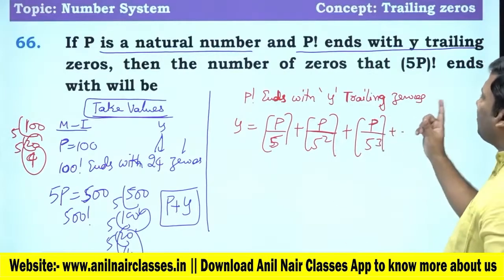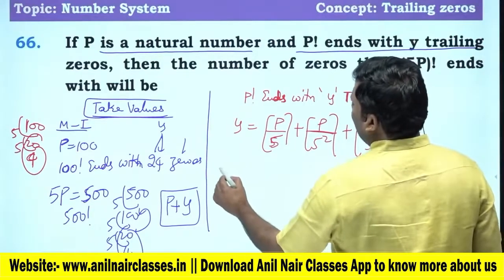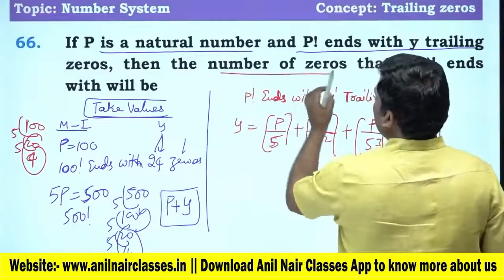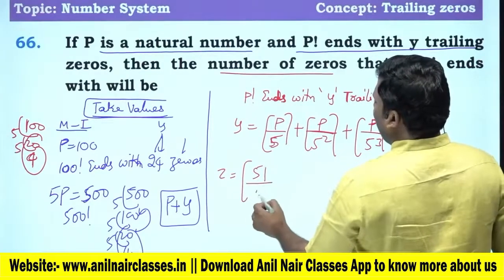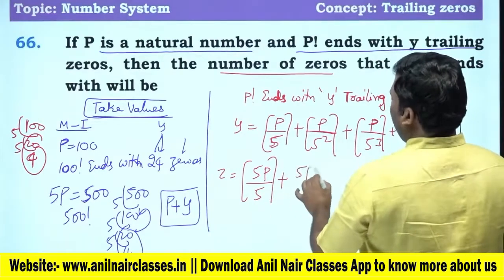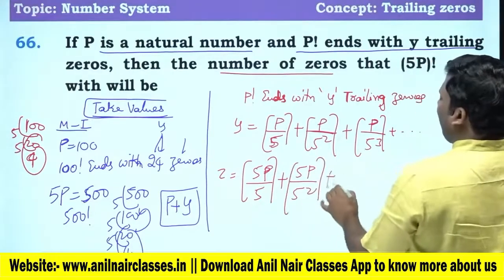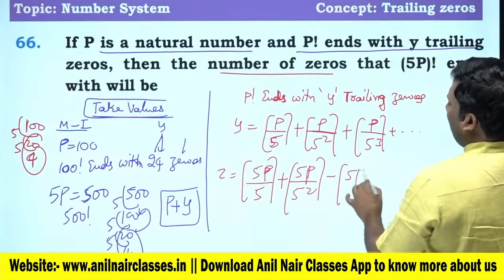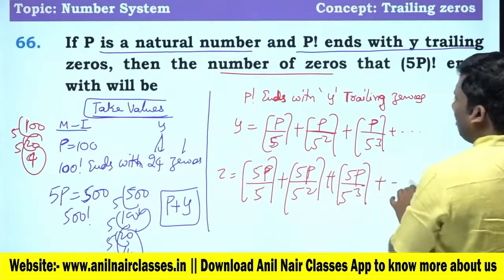Then the number of zeros in 5P factorial. If I call it Z: 5P by 5, then 5P by 5 square, then 5P by 5 cube and so on. Are you all with me?